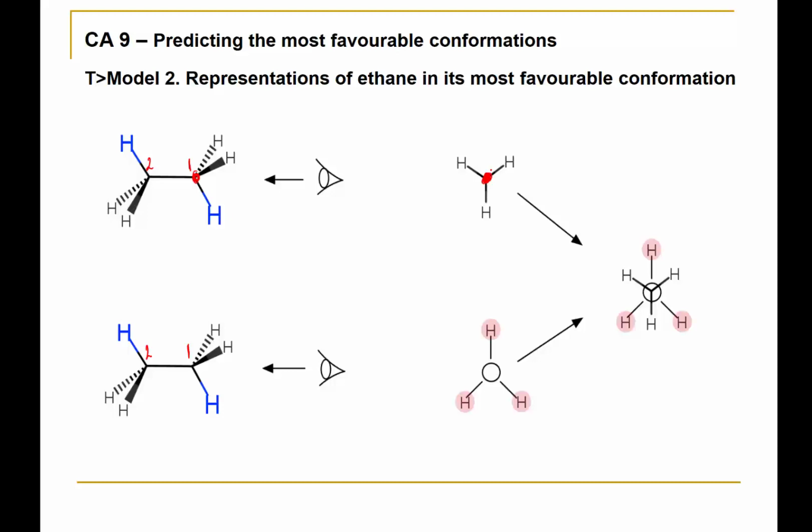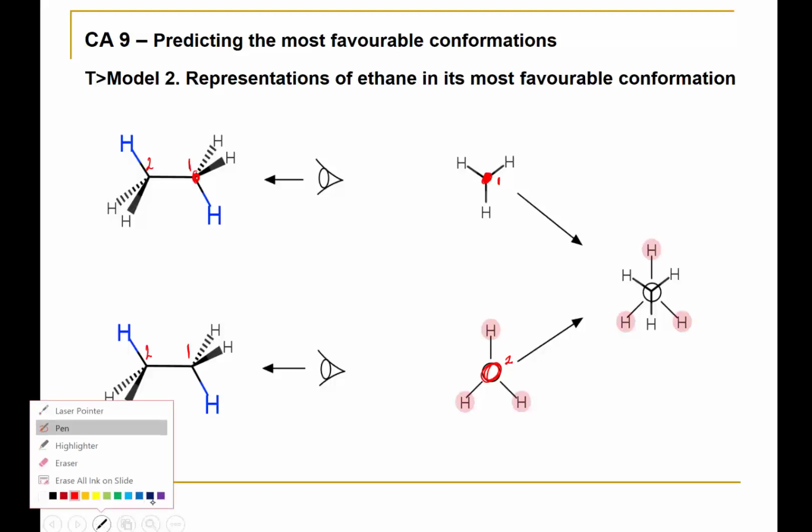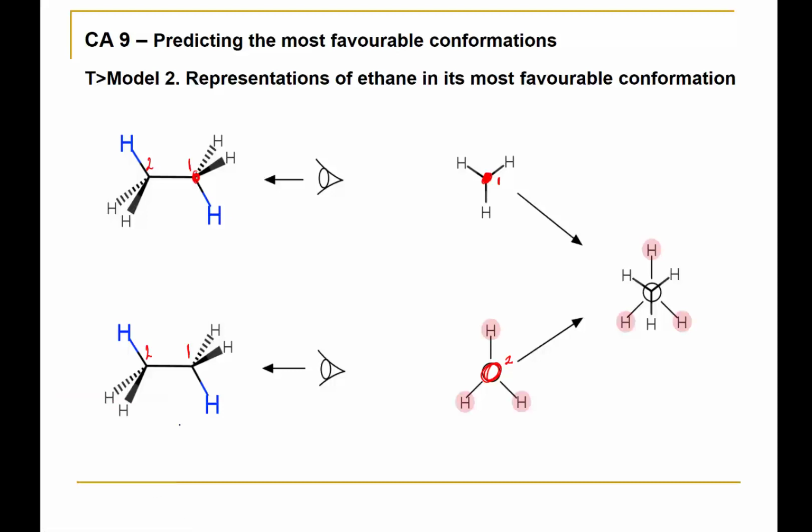So that we can see the back carbon, in other words carbon number 2, we use this larger circle. So just to clarify, this would be carbon number 1, and this would be carbon number 2. And again, to help clarify, and maybe I'll change my pen color just to be consistent. So here's our blue hydrogen on carbon number 1, and here's the blue hydrogen again.